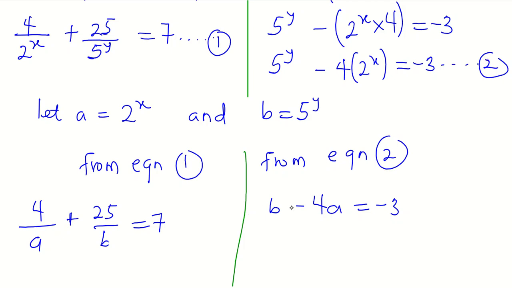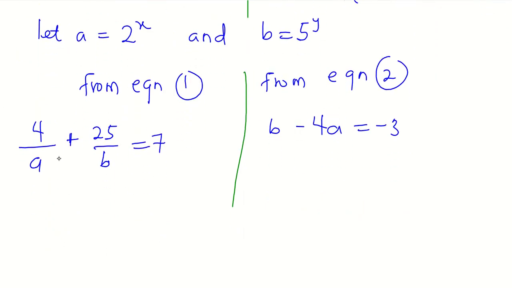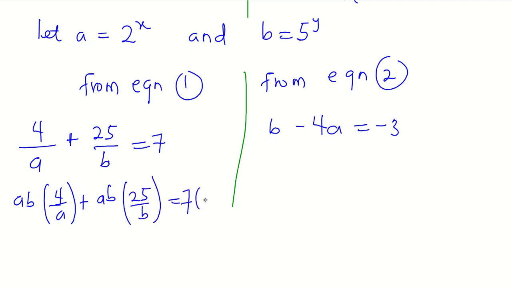But before that, we can simplify equation 3, that is, equation 1. That is this one, we can simplify it. Knowing well that the LCM now is AB, we have AB multiplied by 4 out of A plus AB multiplying 25 out of B, which is equal to 7 multiplied by AB.